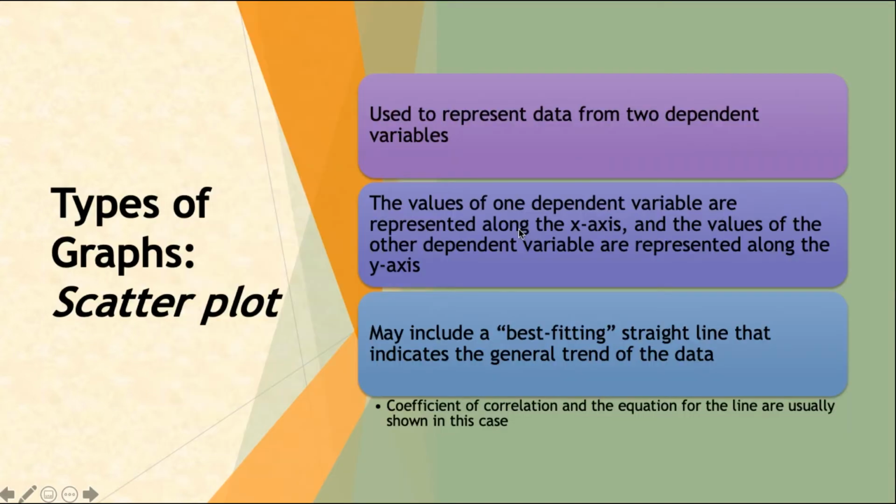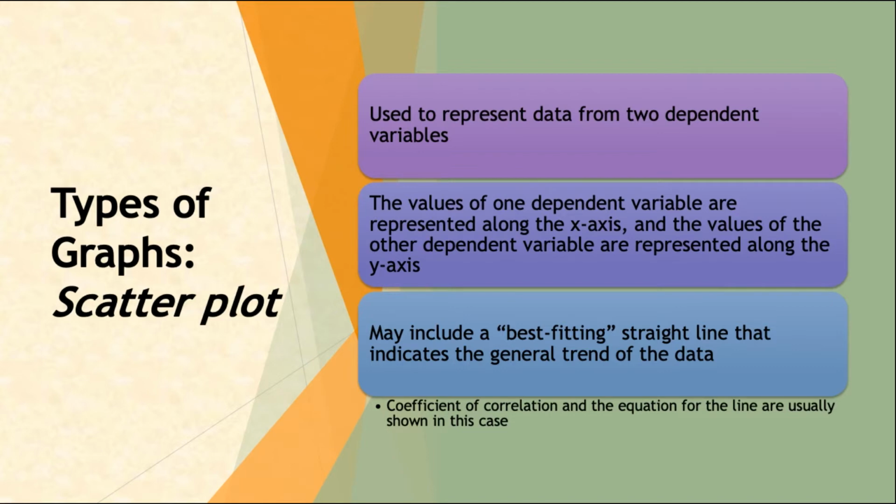Then we also have the scatter plot. The scatter plot is used to represent data from two dependent variables. The values of one dependent variable are represented along the x-axis, and the values of the other dependent variable are represented along the y-axis.